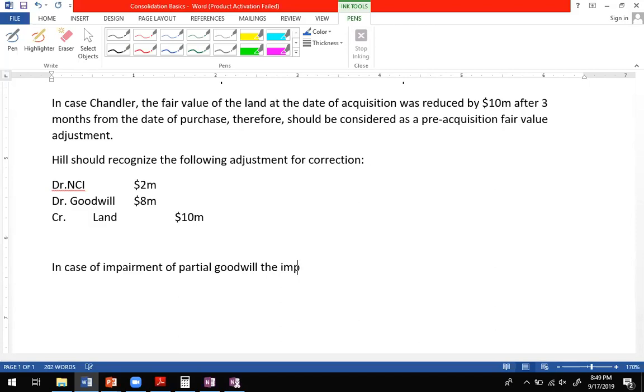the impairment loss is the amount by which carrying amount exceeds the recoverable amount.